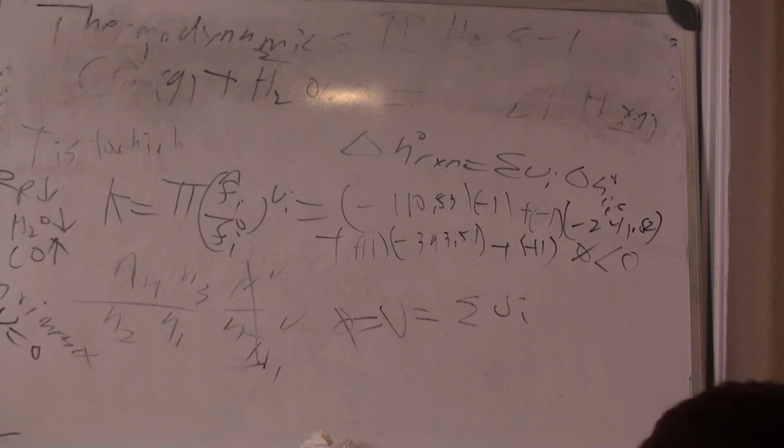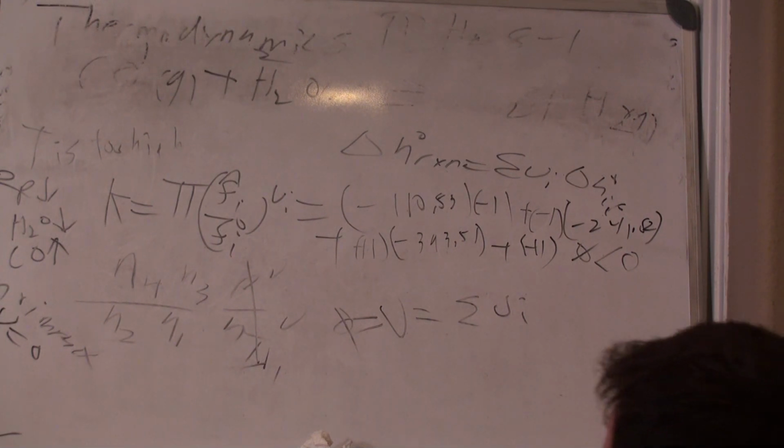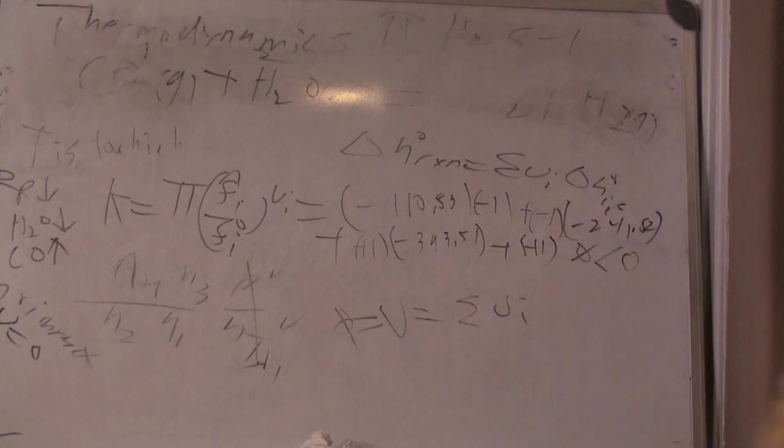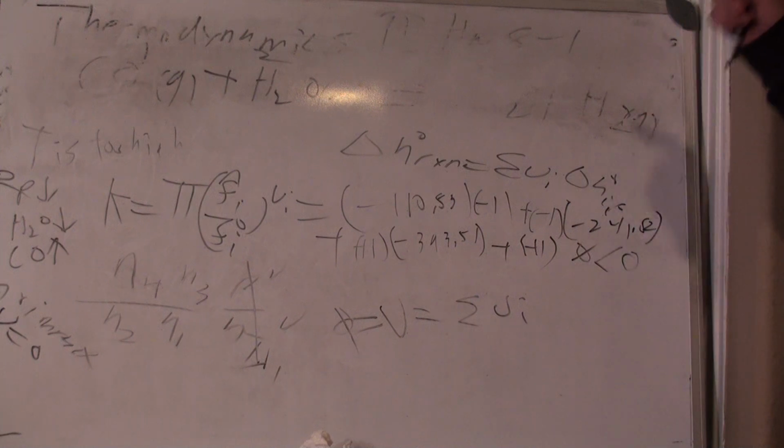By how much? It doesn't matter by how much. I just need to know that it's negative. And it being negative says that this is exothermic. It gives off heat.